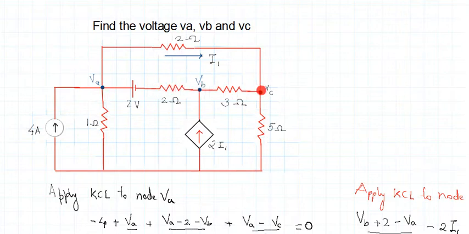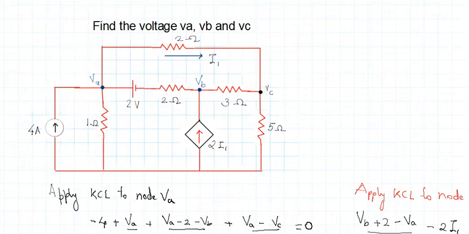So which type of analysis would you select here? Since VA, VB, VC are the node voltages, nodal analysis would be a much better way of finding the node voltages. So hence we'll do the nodal analysis.